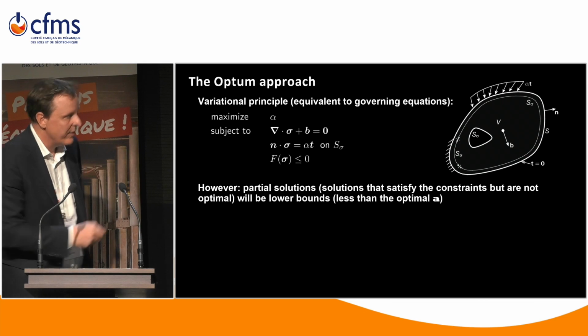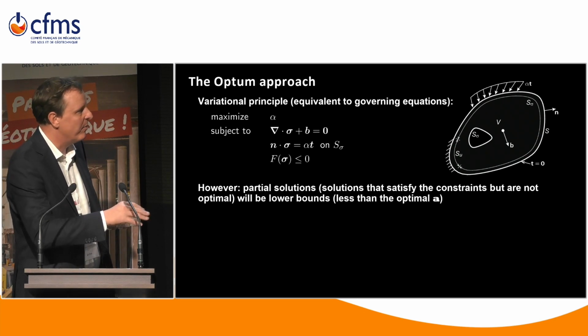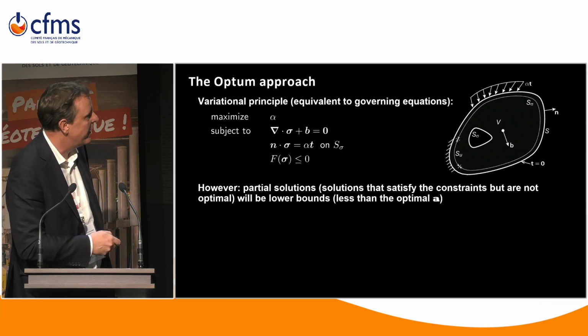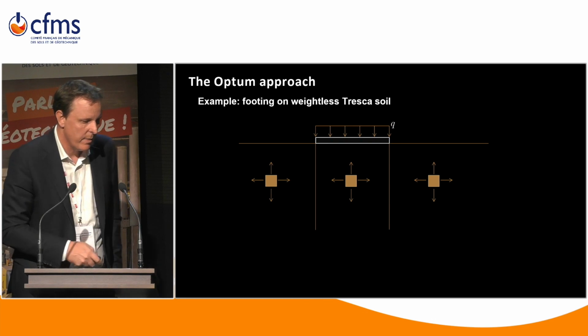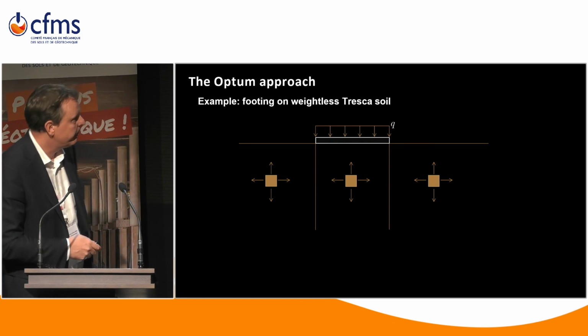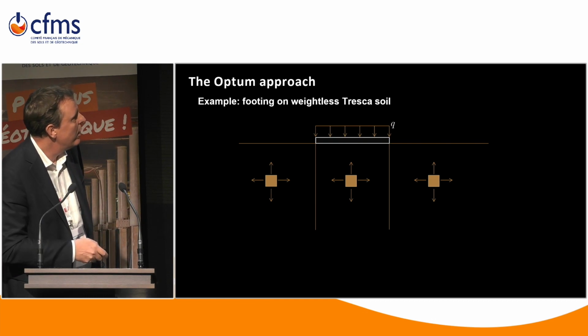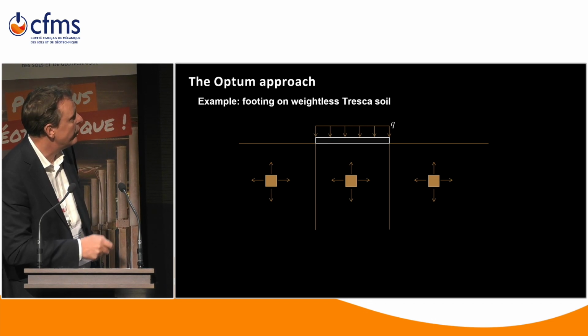Since we are maximizing, since we are coming from below, such a solution will necessarily be a lower bound. So the load multiplier will be less than or equal to the true load multiplier. A simple example: a weightless footing on a weightless Tresca soil, we could decide to say, well, we have three patches here with a constant stress in each of them.